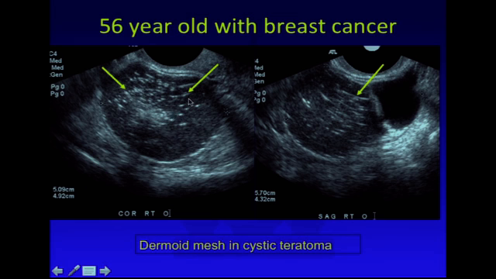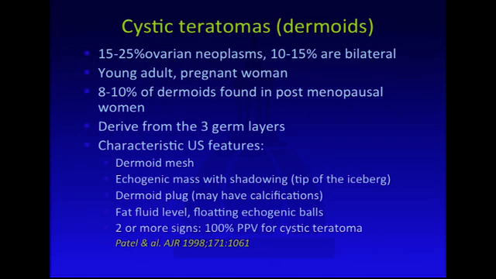This is a characteristic appearance of the dermoid mesh in a cystic teratoma. It is postulated these are hair floating in the sebum, and so again we can make a diagnosis of dermoid cystic teratoma very comfortably, and this is another lesion that we can really diagnose confidently.